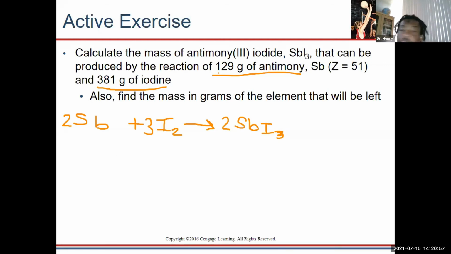So we are given 2 values to start off with. We have 129 grams of Sb, and we have 381 grams of I2.